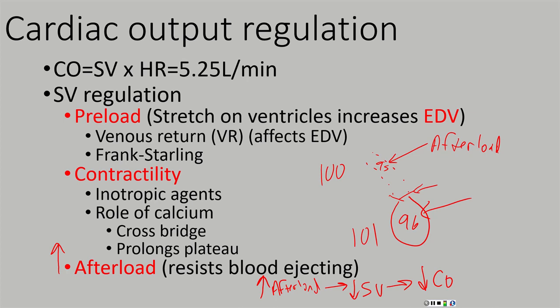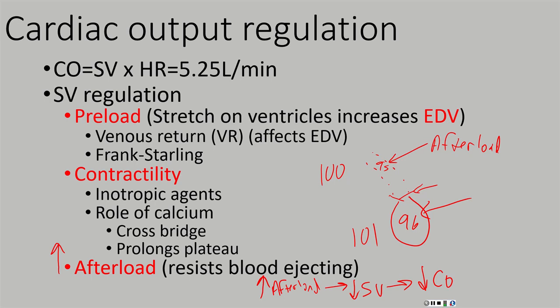Now, that's really where we will stop for today, but I do want to talk about why that is bad for the heart. Well, one, it causes the heart to have to squeeze harder if we want to move the same amount of blood. Additionally, if we wanted to regulate cardiac output, the heart would have to beat faster to move the same amount of blood.